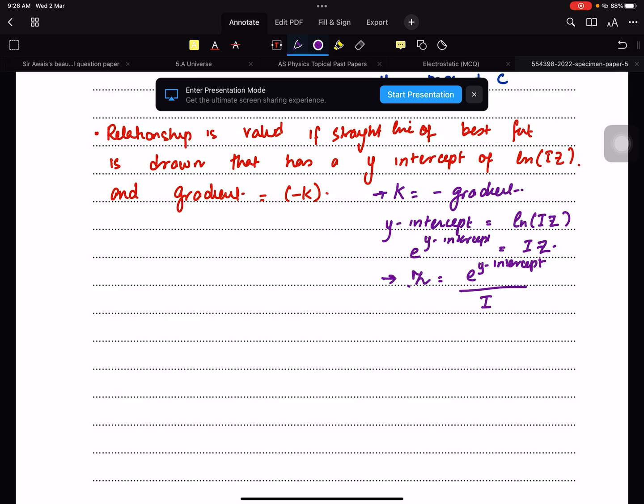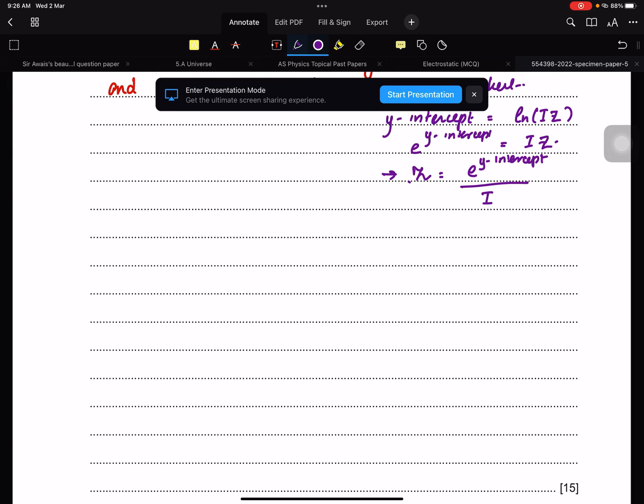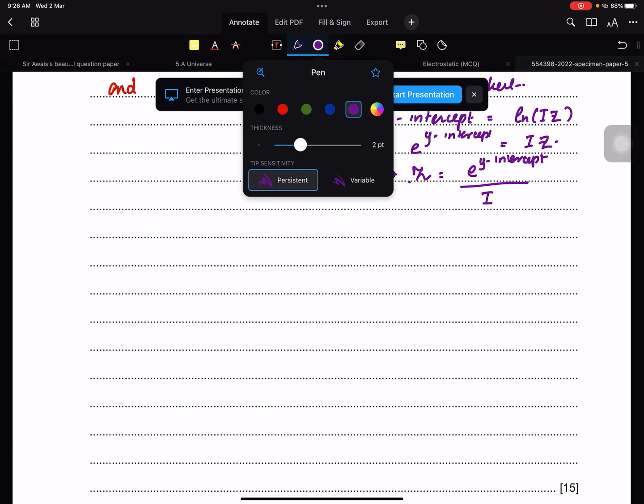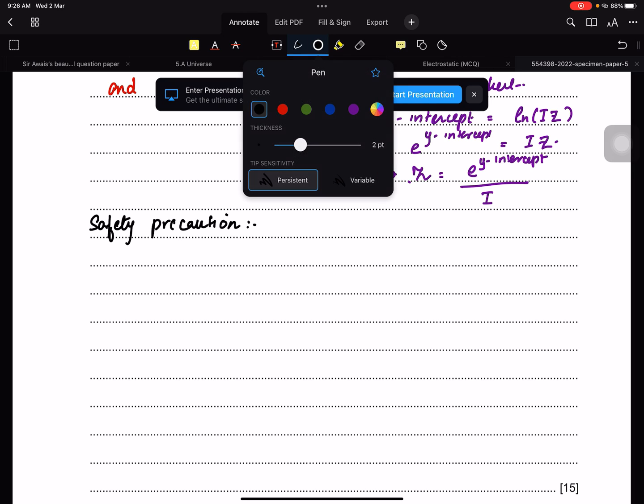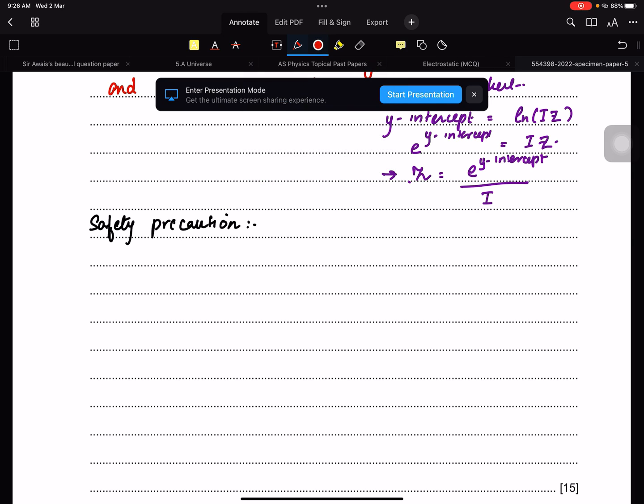Now, the other idea is that when you're done with this, you also need to add a safety precaution. Safety precaution varies dependent on the type of experiment that is given. So when you practice, make sure that you practice enough papers to see which safety precaution works for which kind of experiment.